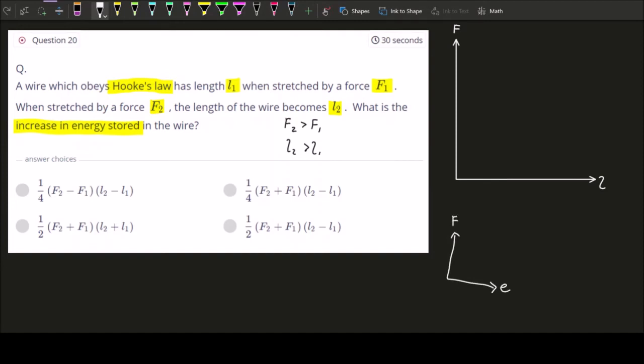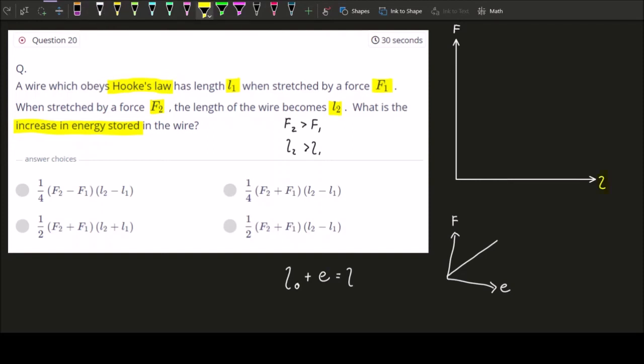Usually in the F-E graph, the line within the proportionality limit will be something like this. But we also know that if you take the initial length plus the elongation, you get the final length, and this is the final length that we are drawing here.